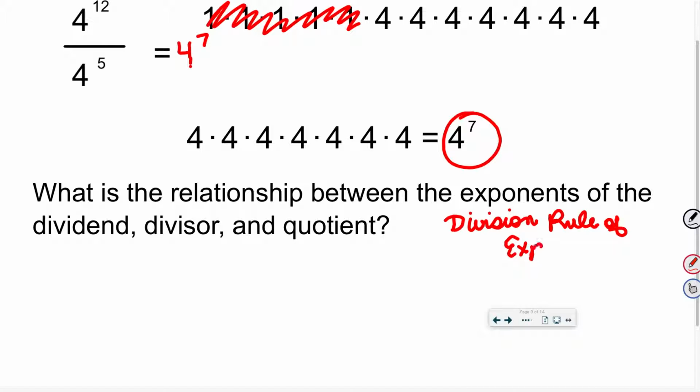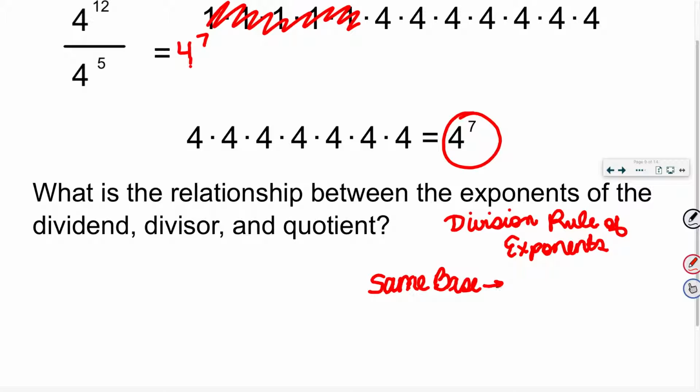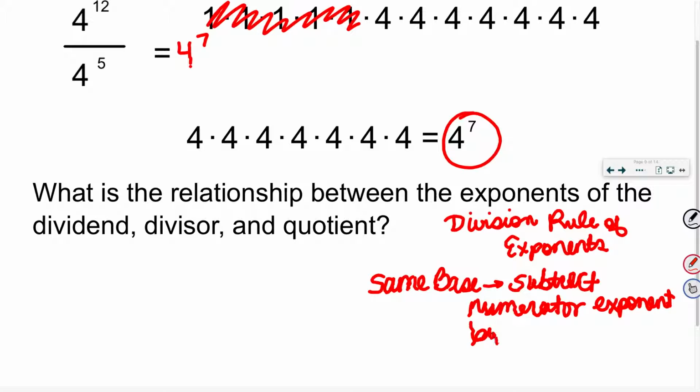So the division rule of exponents is really just like the opposite of the multiplication rule of exponents. If you have the same base, you can subtract the numerator exponent by the denominator exponent.